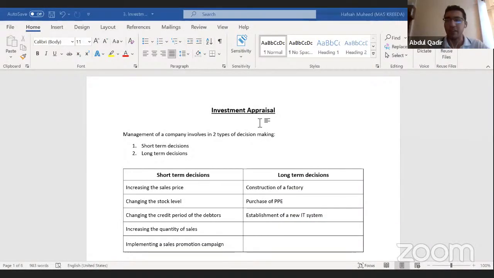I'll be doing the lesson today on investment appraisal, and this is a section which comes under the management accounting section towards the end of the grade 13 syllabus. This is an area which is tested every year in the A-level paper.